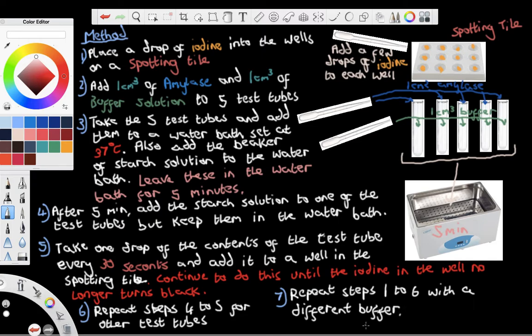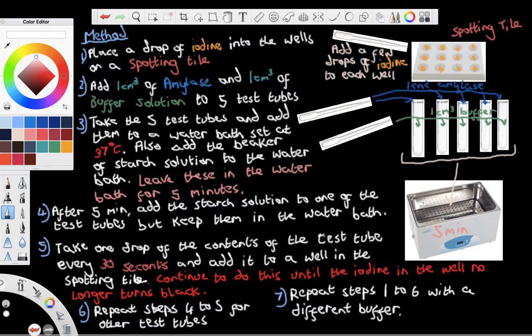So you would get a spotting tile and you would add drops of iodine into each spotting tile. You would then take 5 test tubes and into each test tube you would add 1 centimetre cubed of amylase and 1 centimetre cubed of buffer. You would then take your 5 test tubes and put them in a water bath for 5 minutes set at 37 degrees Celsius.